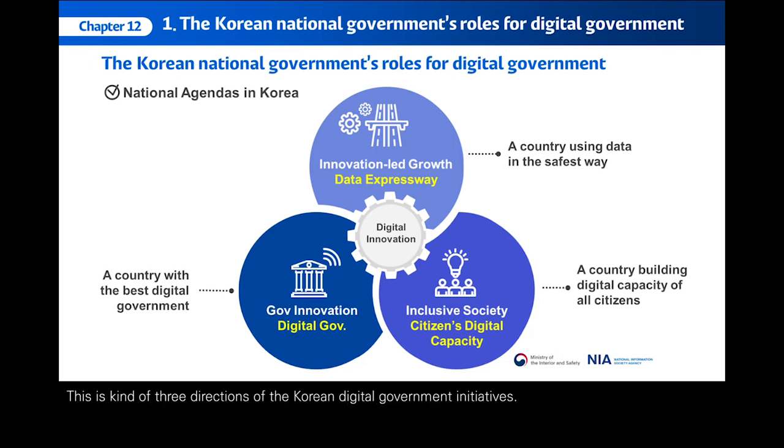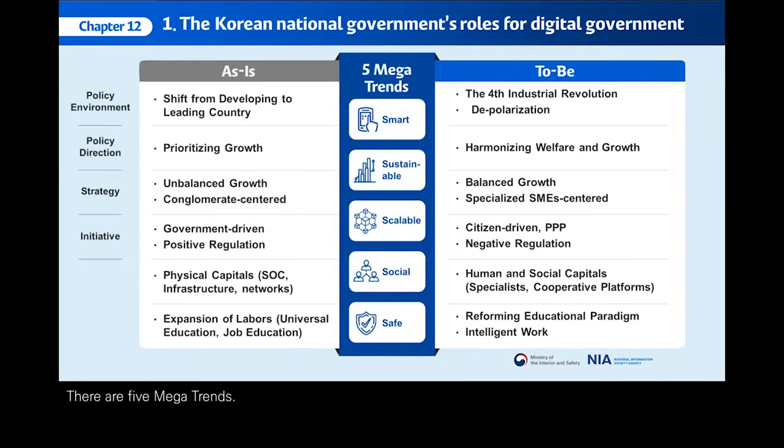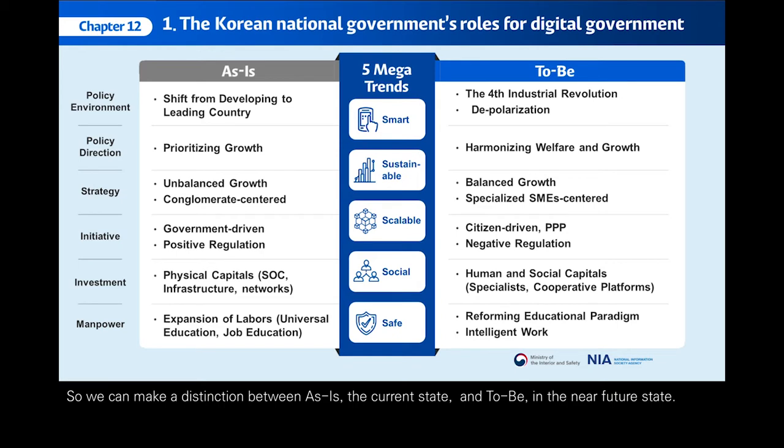These are the 3 directions of the Korean digital government initiative. There are 5 mega trends. So we can make a distinction between as is, the current state, and to be, the near future state. Smart, sustainable, scalable, social, and safe, these are the 5 mega trends of digital transformation in the public sector.